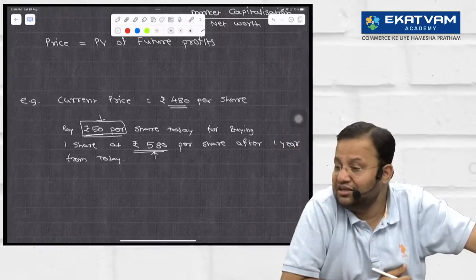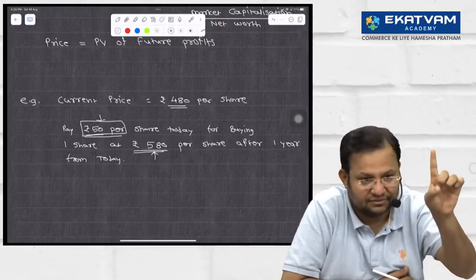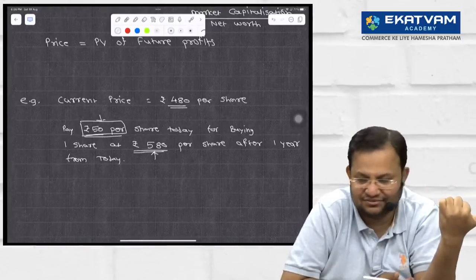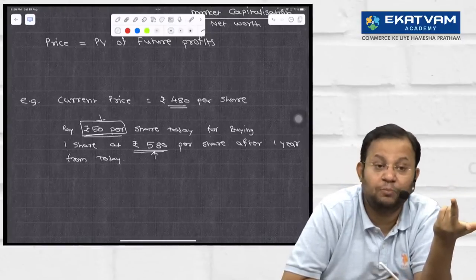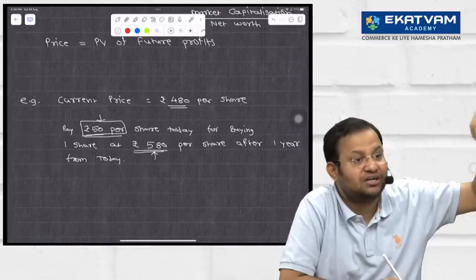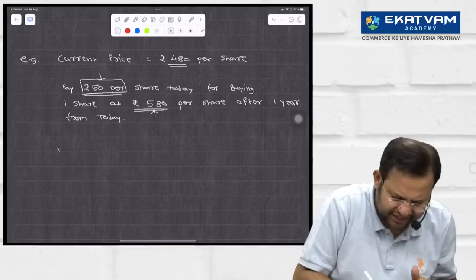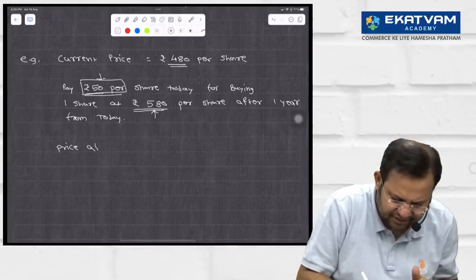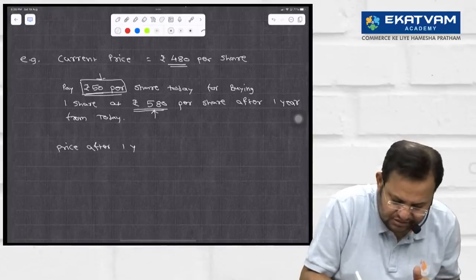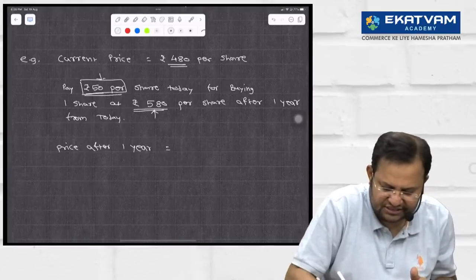After 1 year, he will have to pay 530 if it is treated as an advance, or 580 if not. Just imagine for 2 seconds, the price after 1 year is 700.